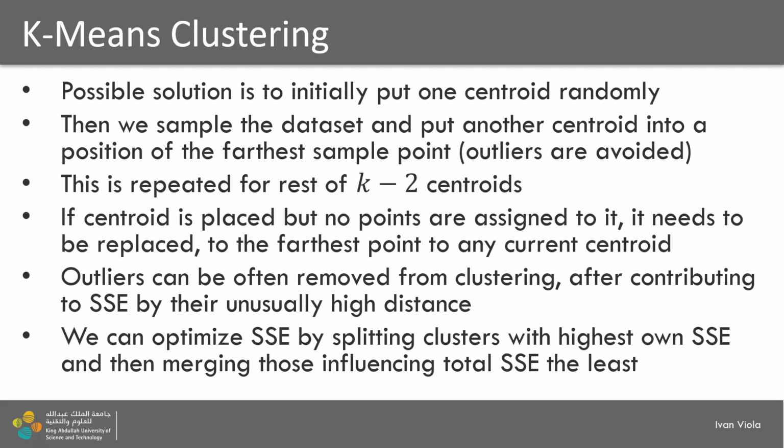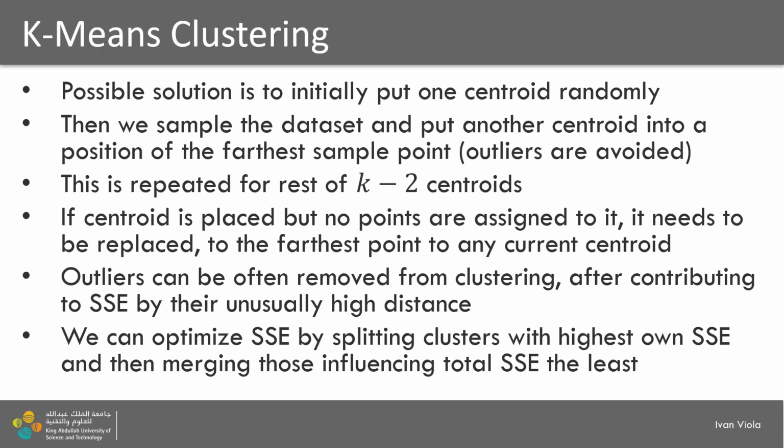Imagine we had this one point previously between two clusters. Now, if suddenly there are two other centroids placed in those clusters, then this centroid will have no points assigned.